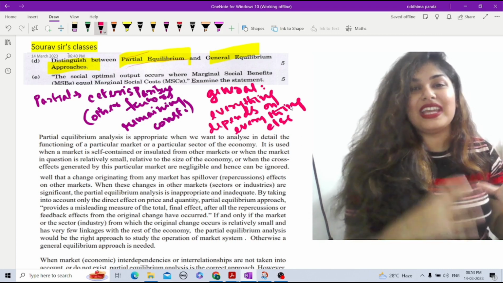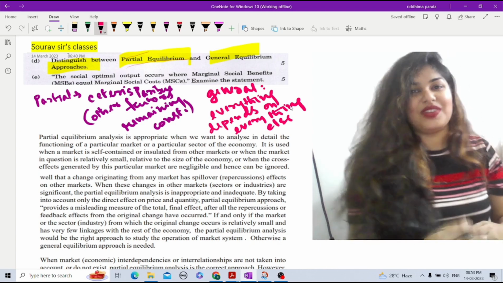Now let's see where we can use partial equilibrium analysis and general equilibrium analysis.